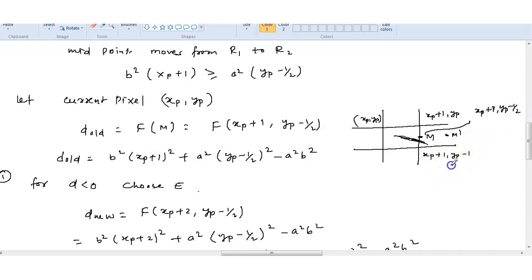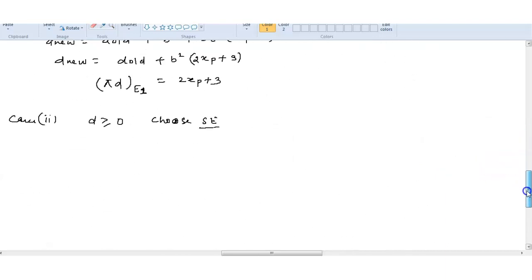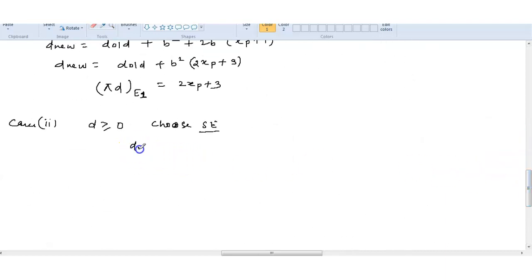So this will be m double dash. x will be incremented here to xp plus 2, and y will be decremented by 1, which becomes yp minus 3 by 2. This will be m double dash. So the new d will be f of xp plus 2 and yp minus 3 by 2, that is your m double dash.